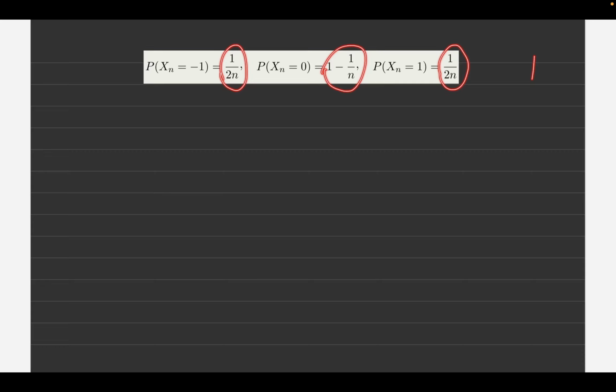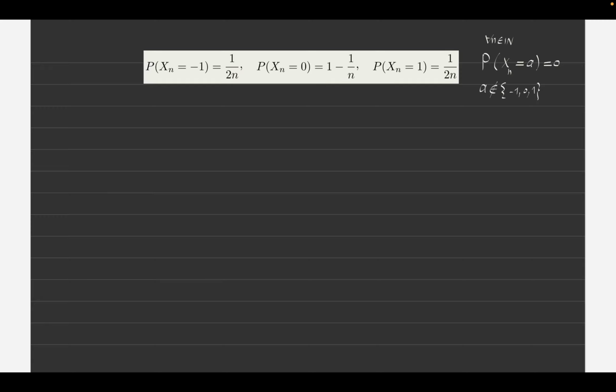It means that the probability of x sub n, for any n in the natural numbers, to take a value a, where a does not belong to the set of minus 1, 0, 1, is indeed equal to 0. That is the conclusion that we make when we add these three numbers and the sum of them is equal to 1.